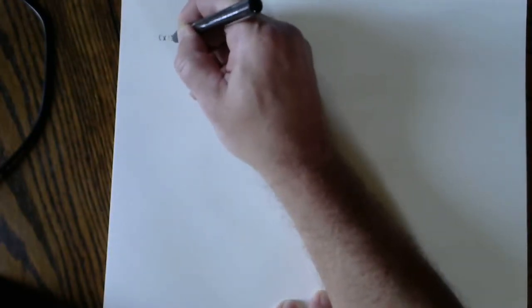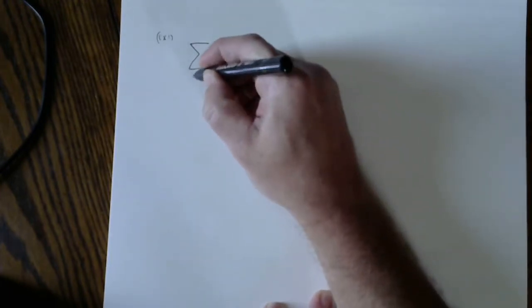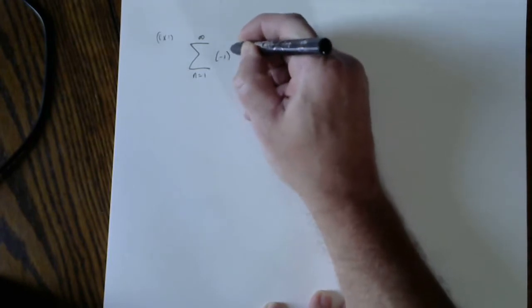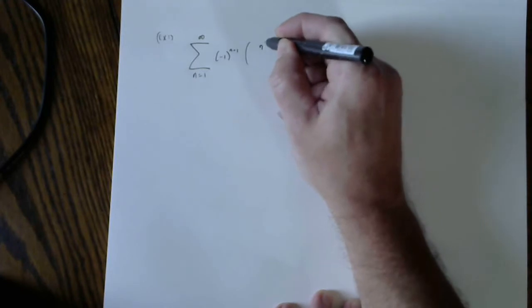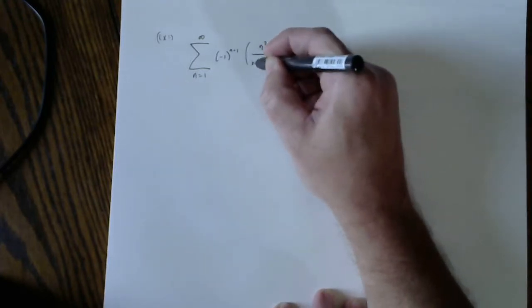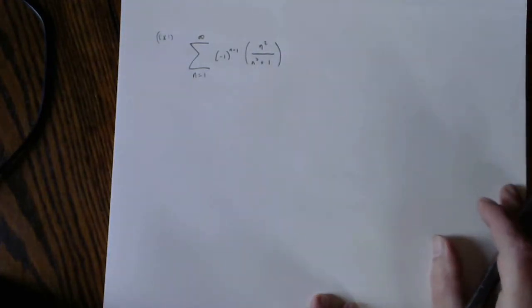Okay, so a nice straightforward example would be something like this. Again, it's the same question. Does it converge? Does it diverge? And you're going to see the alternator in plain sight, so that's an indication that this is a good test to try. That's an n cubed plus 1.